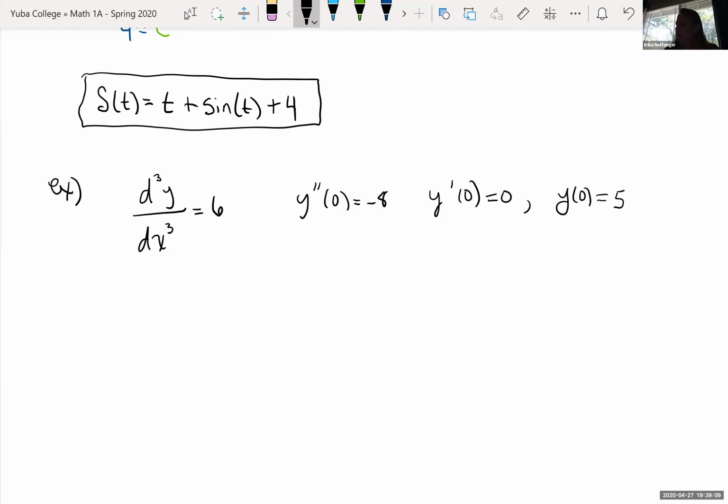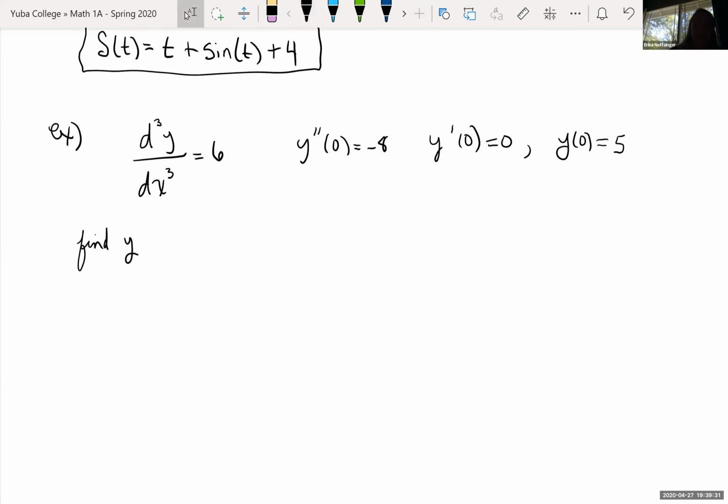And we want to solve that initial value problem, so we want to find what y is. That d cubed y is basically saying the third derivative of y is equal to 6.